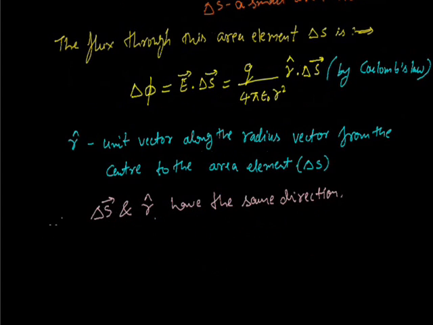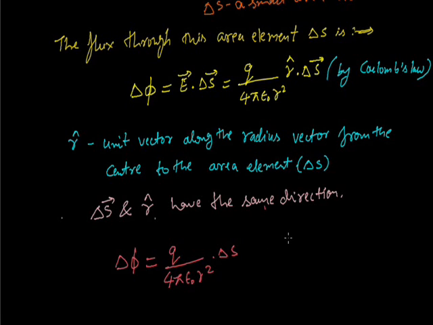So the above equation can be written as delta phi equal to q upon 4 pi epsilon naught r square into delta s, since the magnitude of a unit vector is 1.